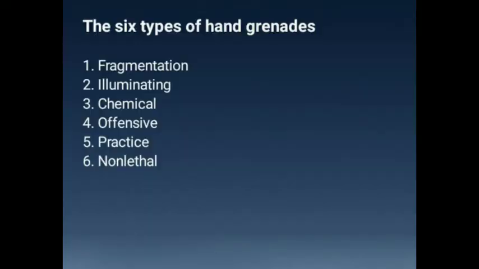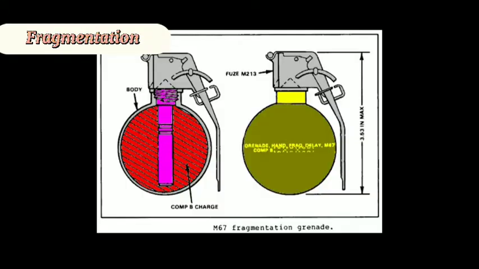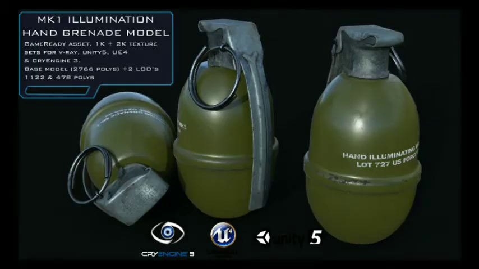The 6 types of hand grenades: fragmentation, illuminating, chemical, offensive, practice, and non-lethal. First is fragmentation. These grenades are used to produce casualties by high velocity projection of fragments. Next is illuminating.